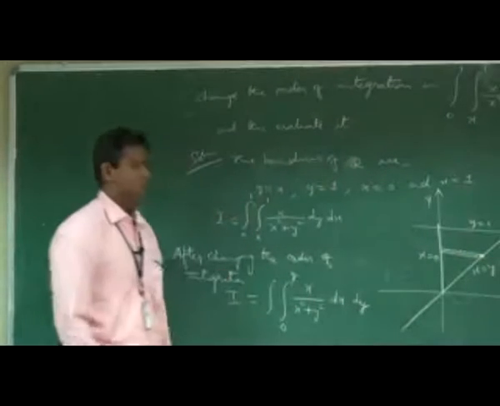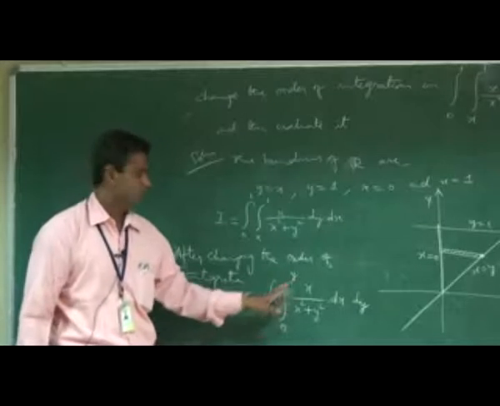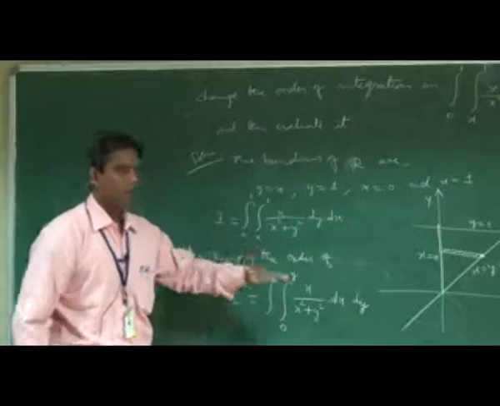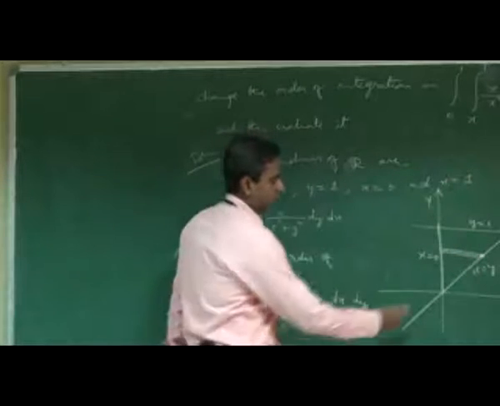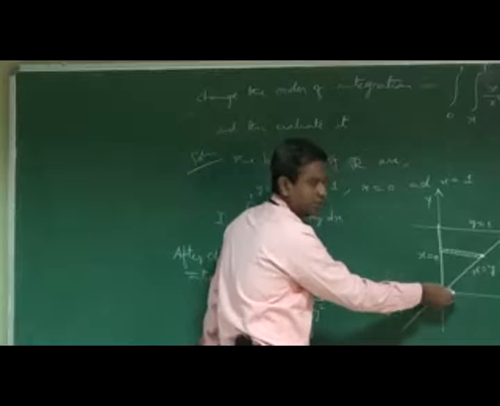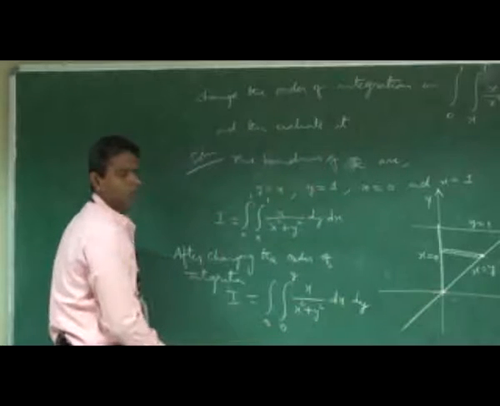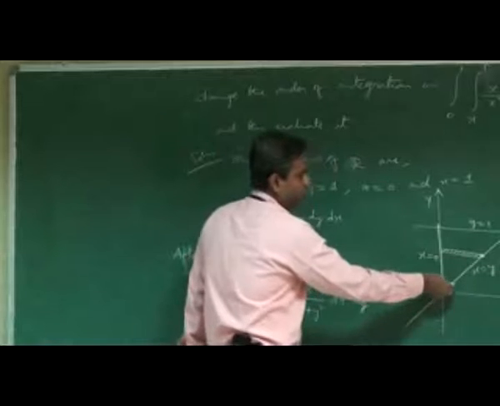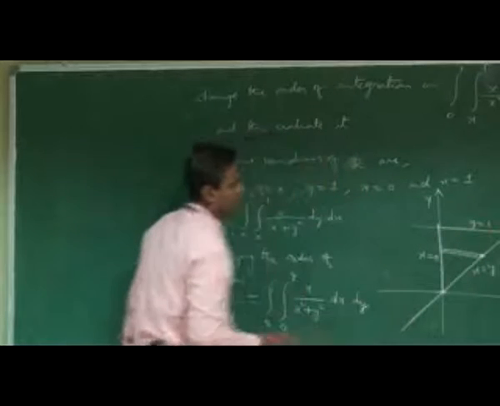So the limits of x are 0 to y, and we sweep the small strip from the lower to the upward direction. The strip lies on the x axis, where the y value is 0, and it moves in the upward direction until it meets the line y equal to 1.